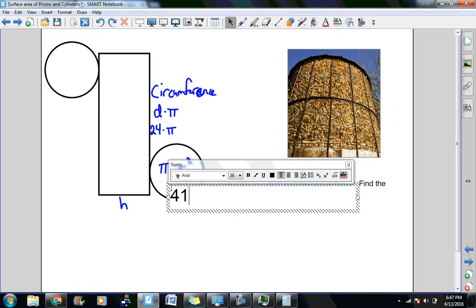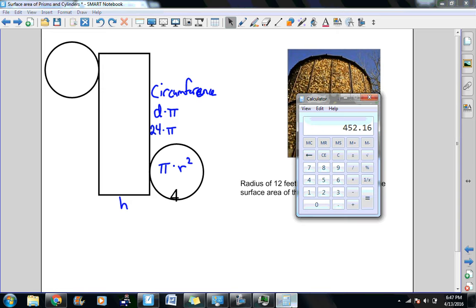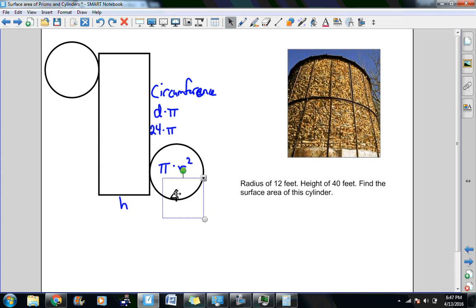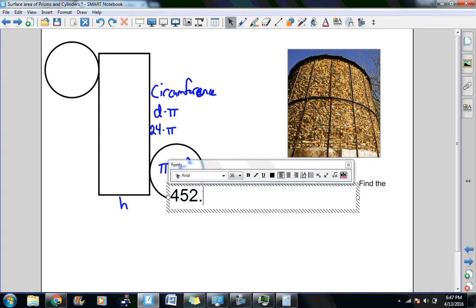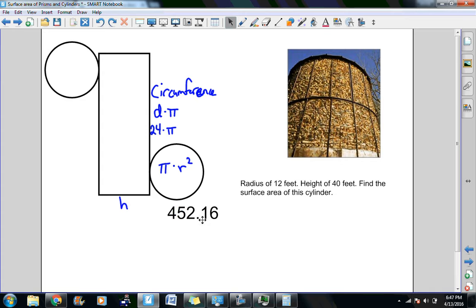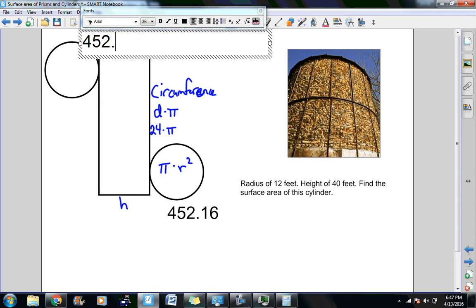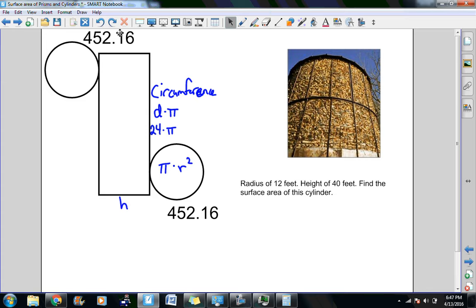My mouse isn't working. Now I know that this circle up here will be the same. So that's the area of our 2 circles.